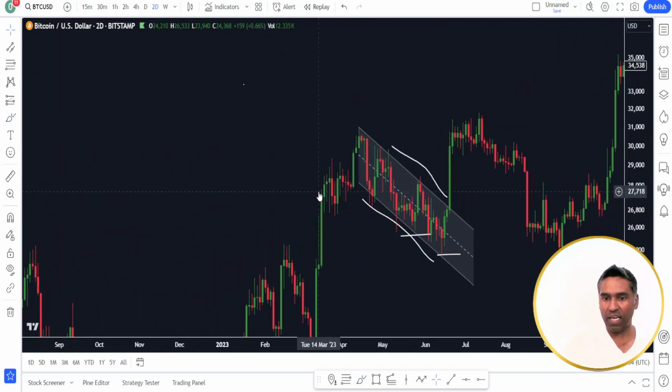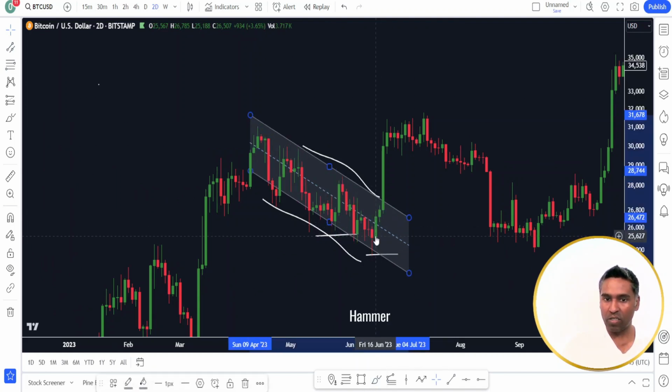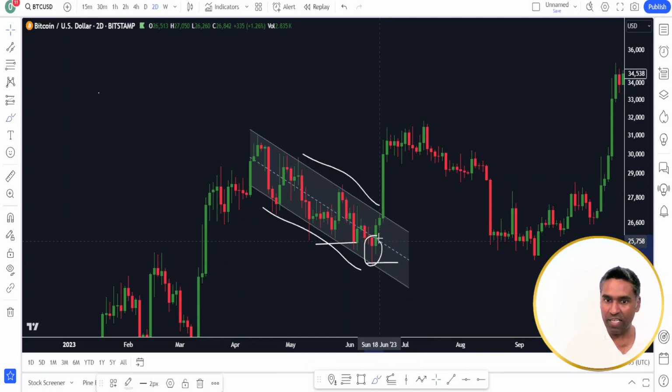So if we enlarge here, we see there was a shooting star, but here in the uptrend, we don't call it a shooting star, we call it a hammer. So here we can see a hammer. This candlestick, when the price comes down and it doesn't close, but it's rejected and it closes near the support area.